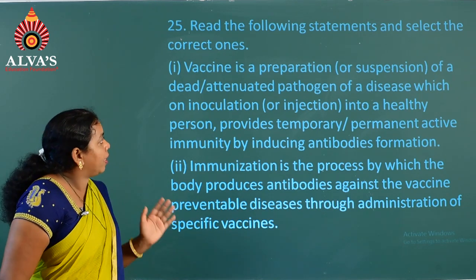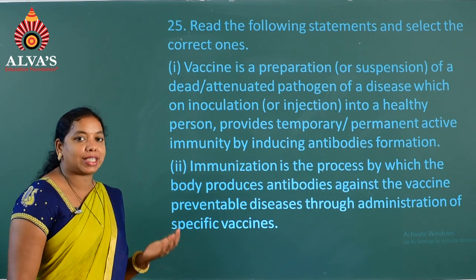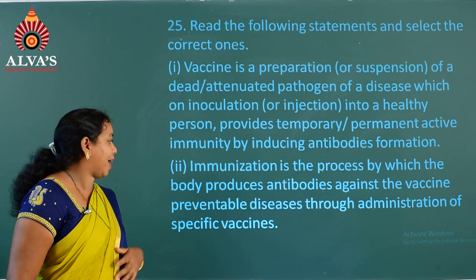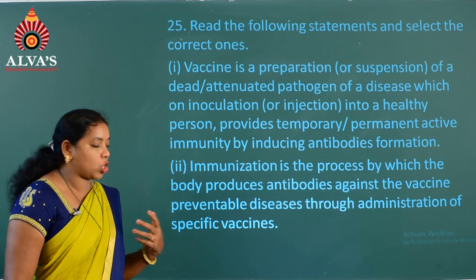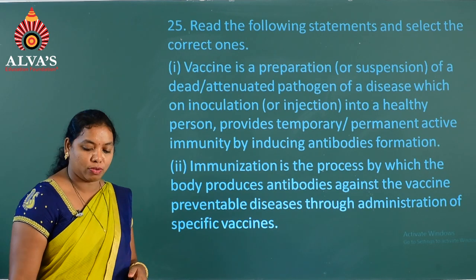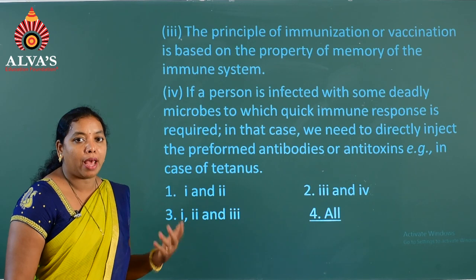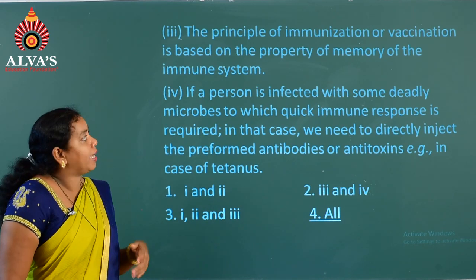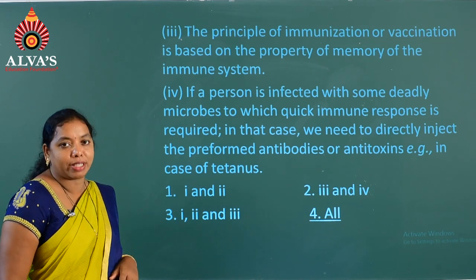The second one, immunization is the process by which the body produces antibodies against vaccine preventable diseases through administration of specific vaccines. Whereas the third option, the principle of immunization or vaccination is based on the property of memory of the immune system.